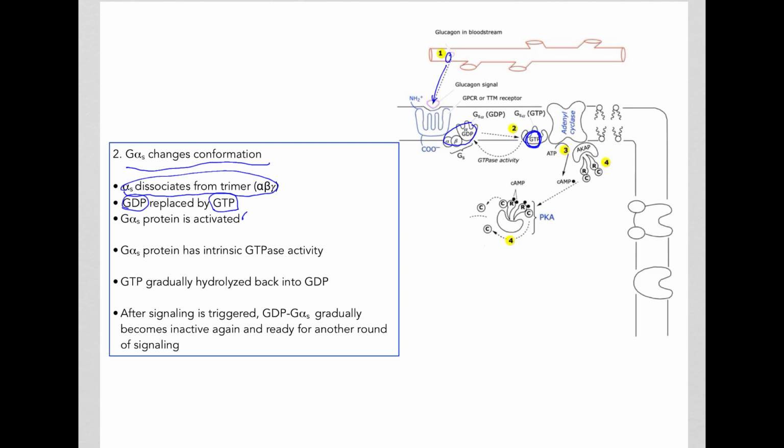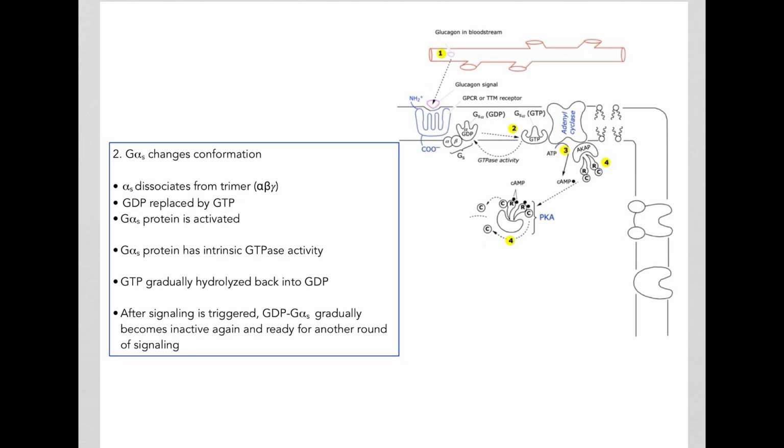Now the G-alpha S also has an intrinsic GTPase activity. So gradually over time, this GTP will slowly be hydrolyzed back to GDP. And as the GTP is replaced by GDP, the G-alpha S protein slowly becomes inactive again after the signaling is done.